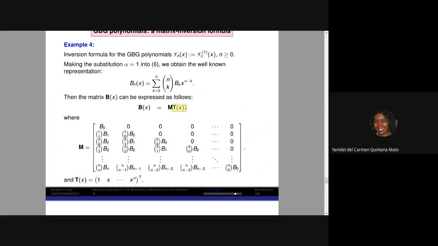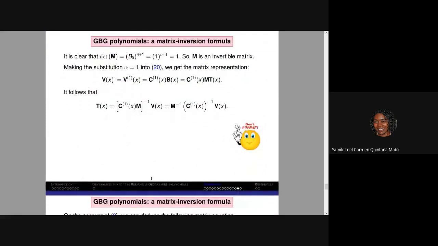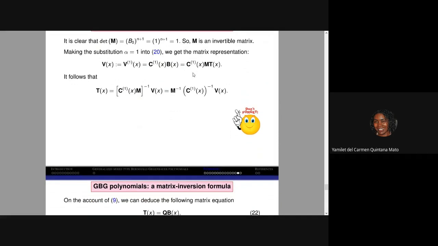And the matrix Tx is the transpose of the canonical basis. Again, it's clear that the determinant of M is equal to 1. So M is a non-singular matrix.